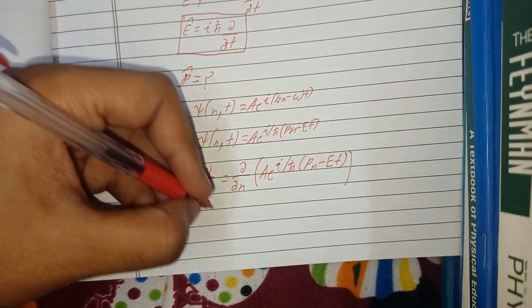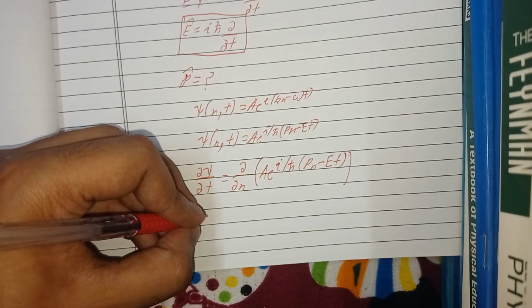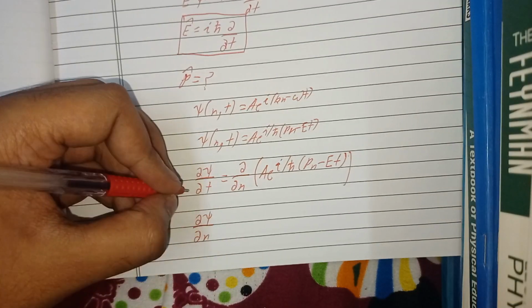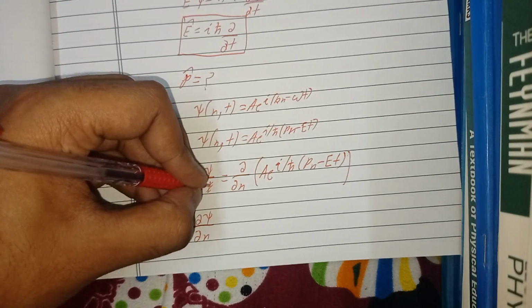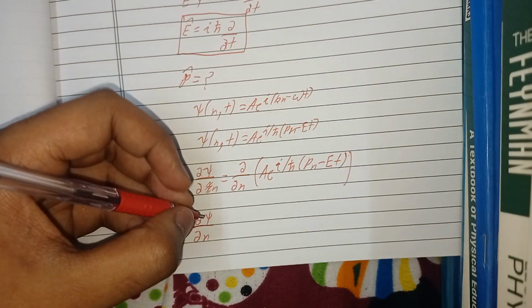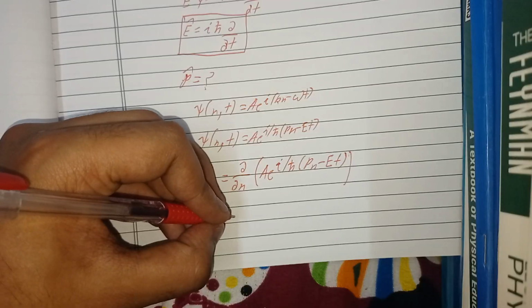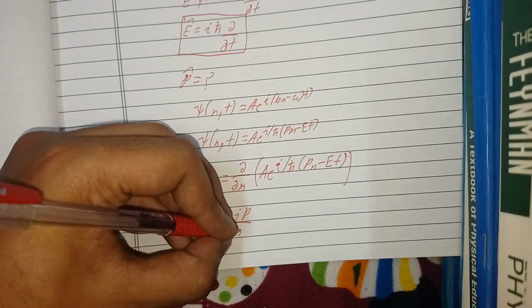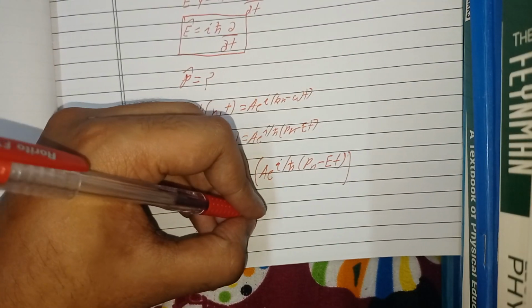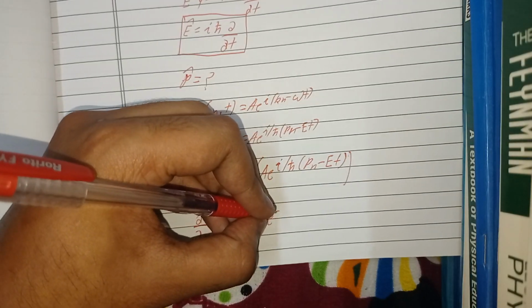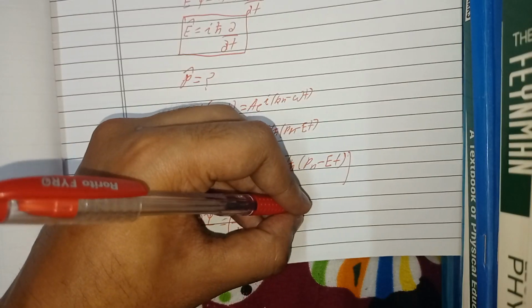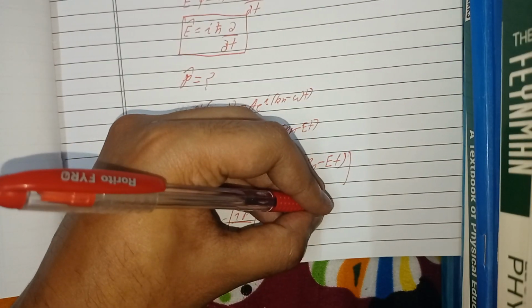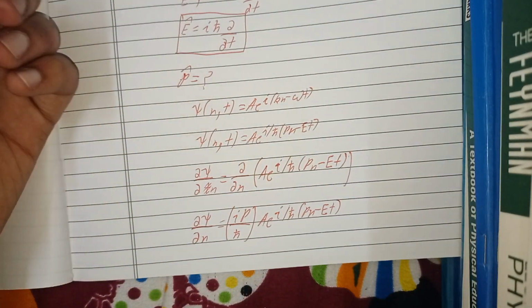So by this we get partial x, and this will become this, and we get e to the power i upon reduced Planck constant times (px minus Et), and we know this is the wave function.